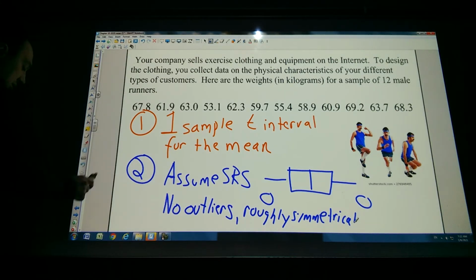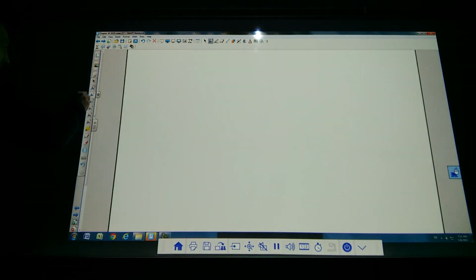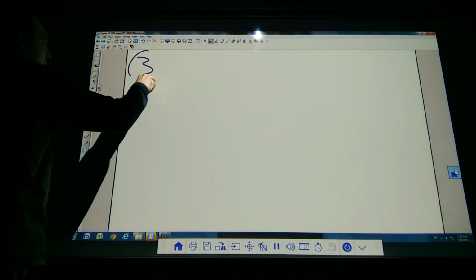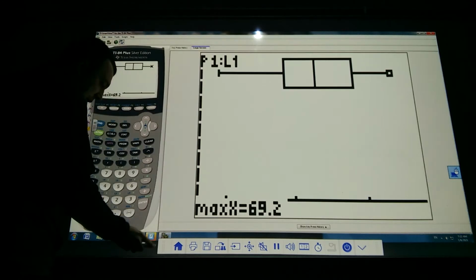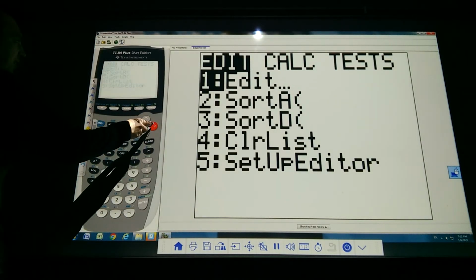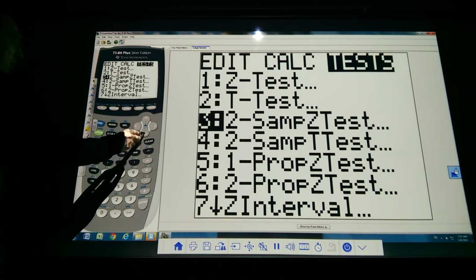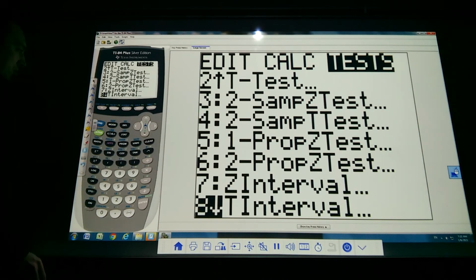Step 3 is the calculator step. Get some numbers. Here we go. Hit stat. Go over to tests. There's only one that we have. It's a one sample t interval. So that's number 8. Hit enter.